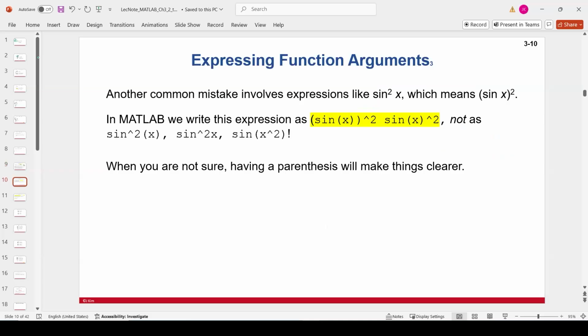and the very important part is actually here. In math we express sine square of x in this way, which basically means sine x squared, right? So one of the very common mistakes that I see from students so far is that because in math we express it like this, some students may want to try typing it like that to realize this sine x being squared.